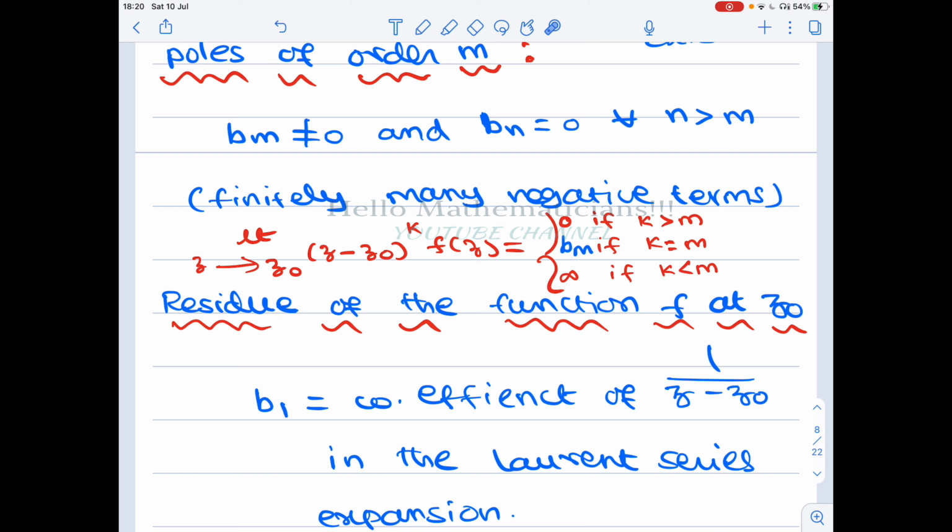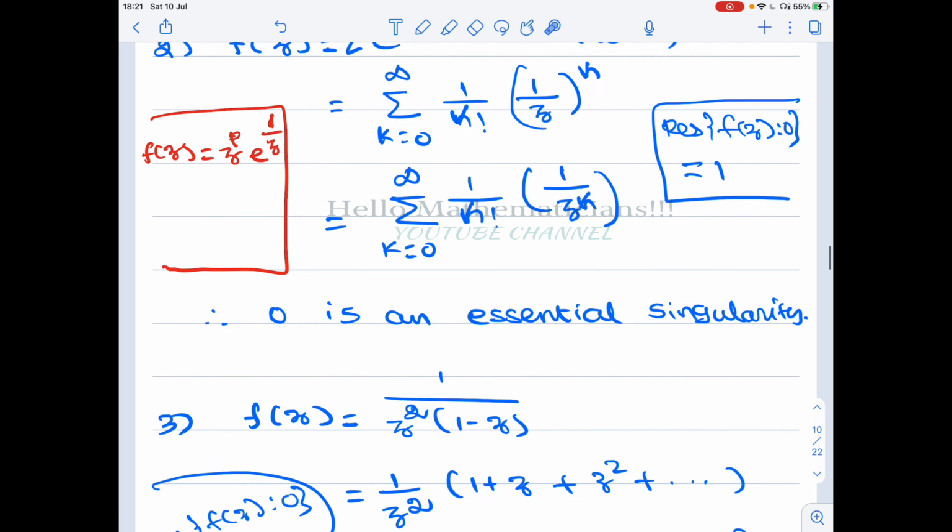You get a finite value only when k matches the order of the pole at z naught.